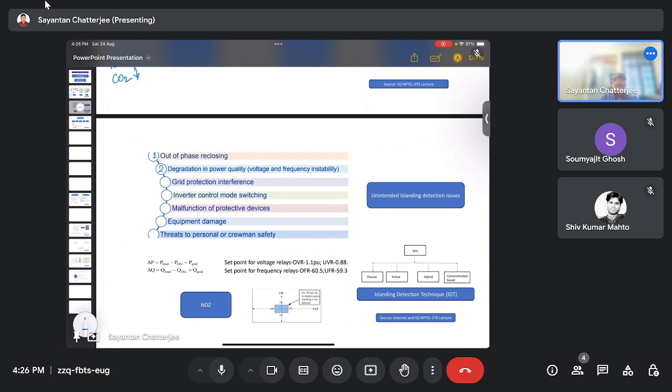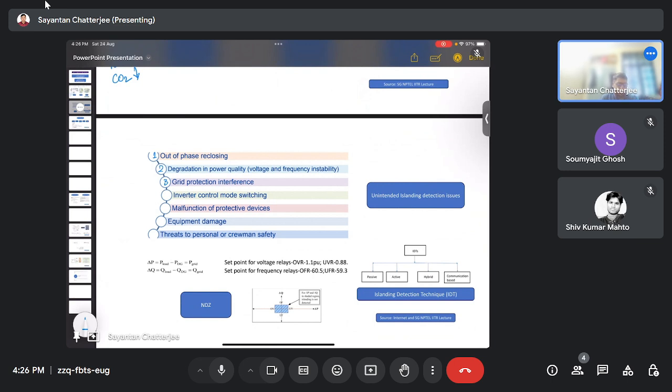So in case of lower generation, mostly they are governed by the renewables. Okay, so in that case, in the distant nodes, some cases of voltage or frequency instability might arise. So now the grid protection interference, so there are protection issues. The protection issues we will be discussing in detail in the upcoming slides.